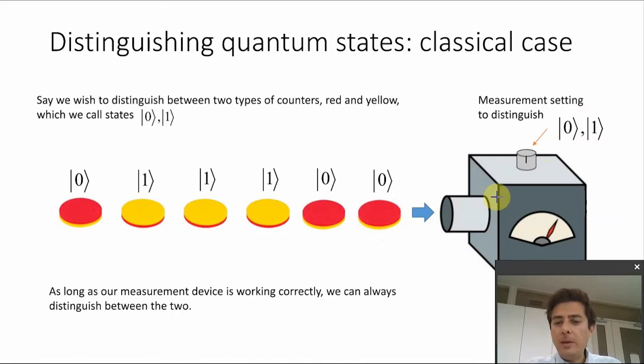So that means we can perfectly distinguish between 0 and 1. As long as this box is not broken and we can do this kind of ideal measurement, we can always distinguish between the two cases with 100% success probability, right?